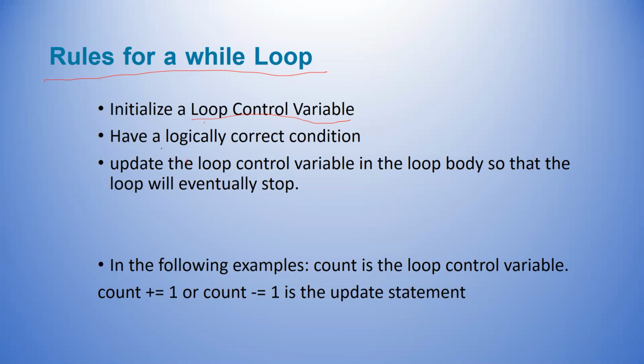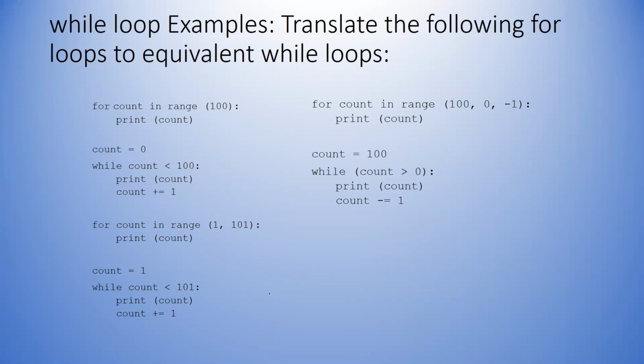Then you will have a logically correct condition. And then you need to update the loop control variable in the loop body so that the loop will eventually stop. In the following example, count is the loop control variable, and these are the update statements. So let's look at this. I put this here so that you can see the difference.